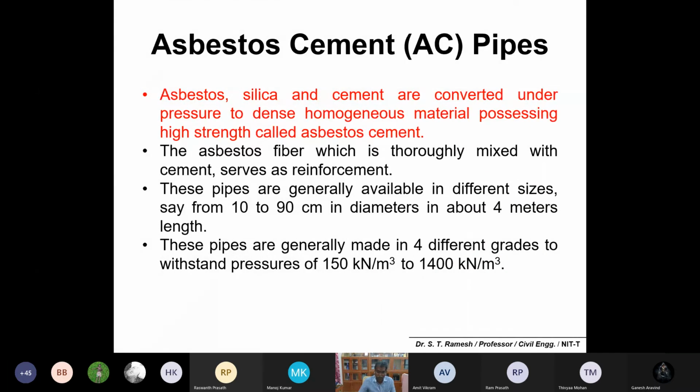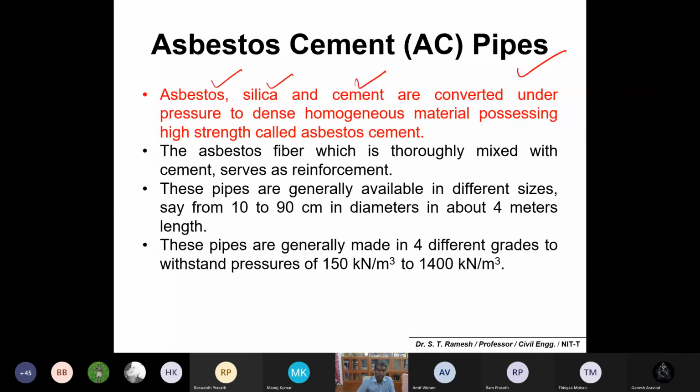Okay, and the next item is AC, asbestos cement pipes. What you do is you use asbestos fibers, silica, and cement.